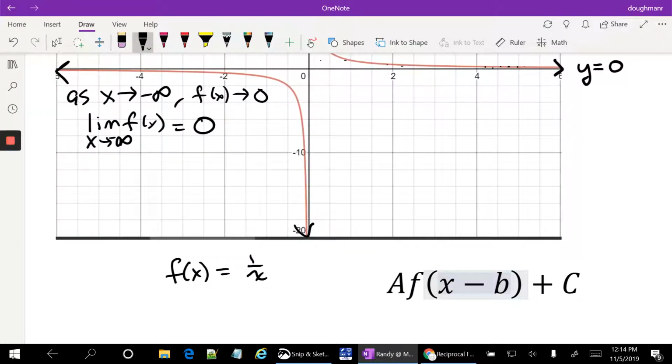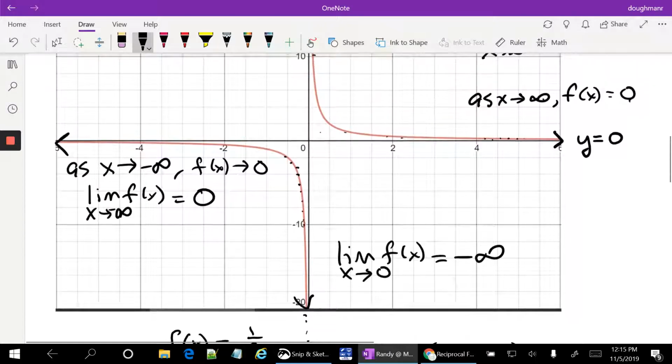Down here, the same thing. The limit of f of x, I realize that the output just keeps going down to negative infinity. But what's happening to my x values, or the x coordinate of these points, is that it's approaching 0.